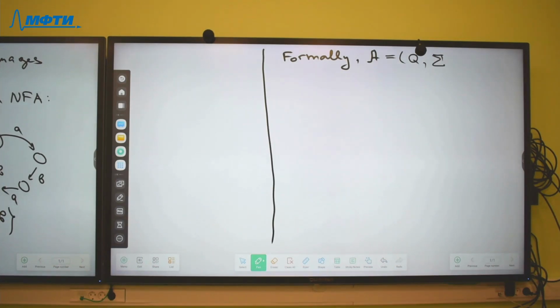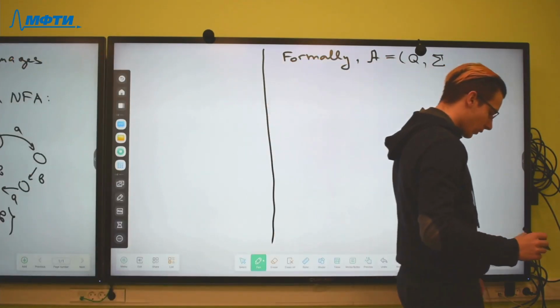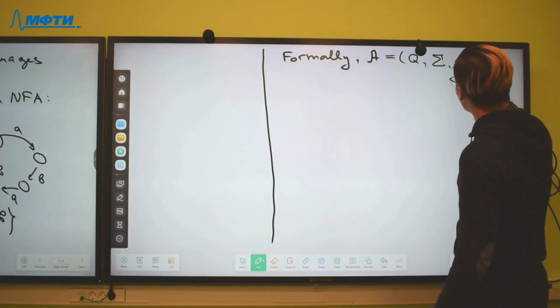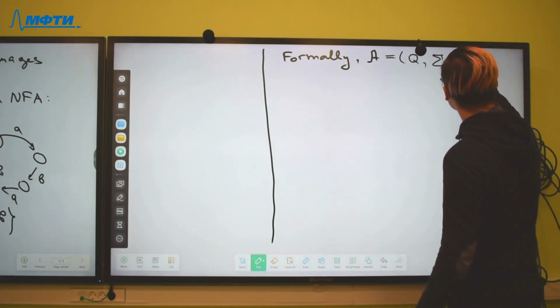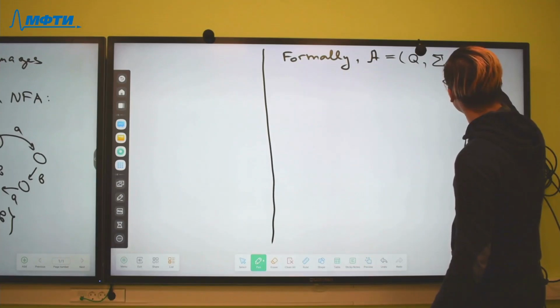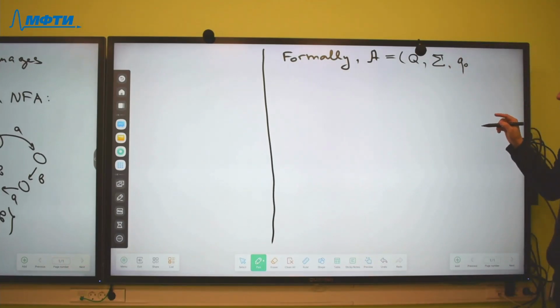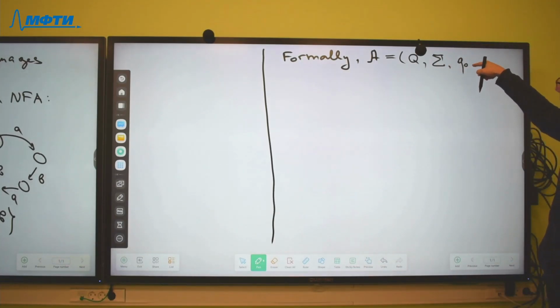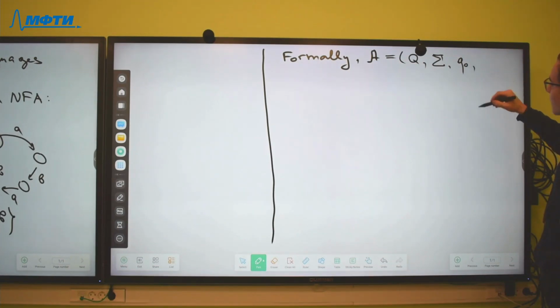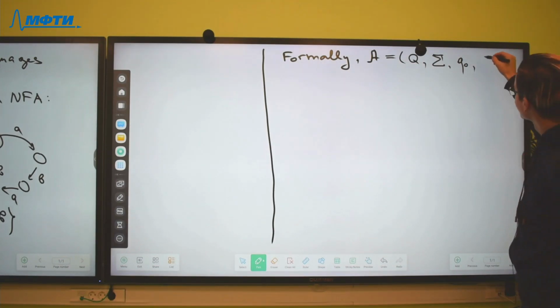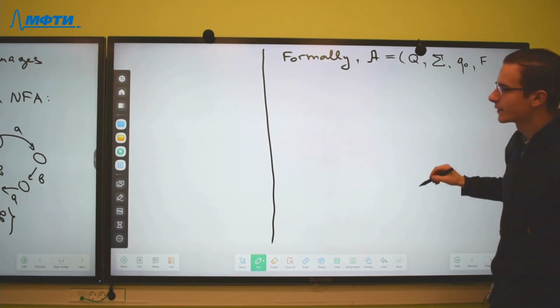For example, in this example, we can use this alphabet. We know what the initial state is. It is usually noted with this character. We also know the final states.